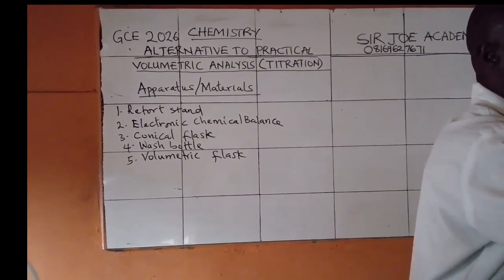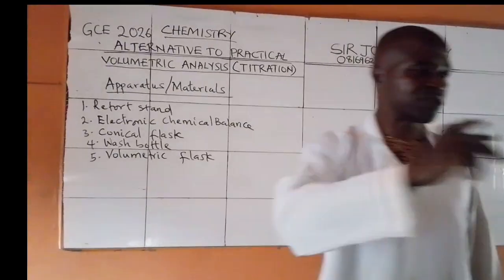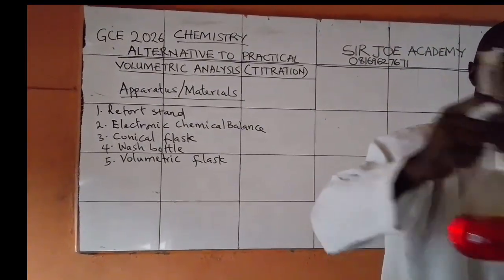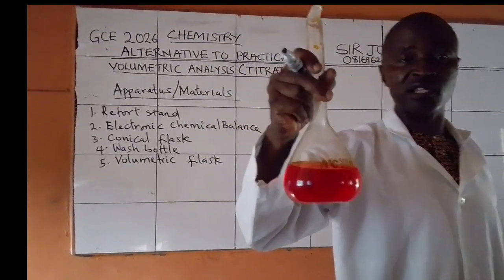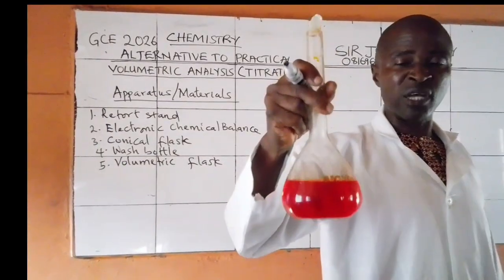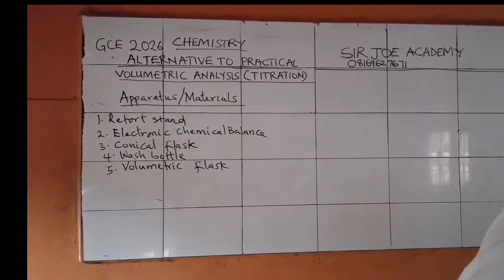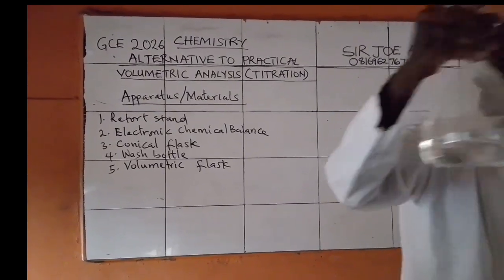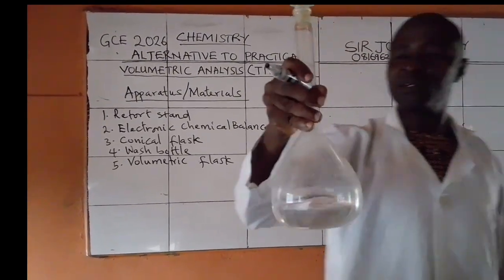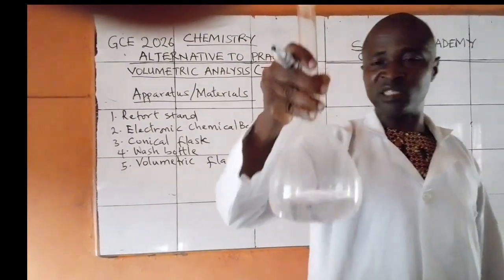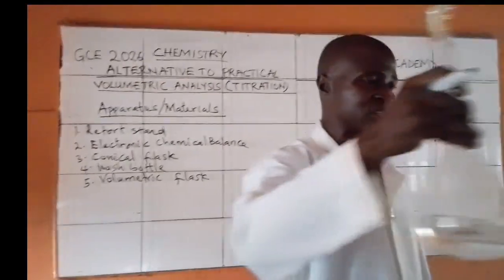This is 500 centimeter cube volumetric flask, and this one is 1000 centimeter cube volumetric flask.